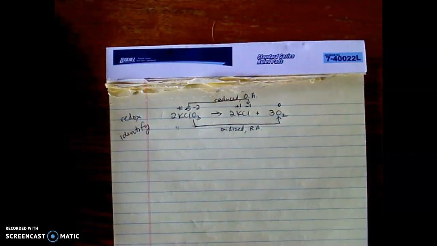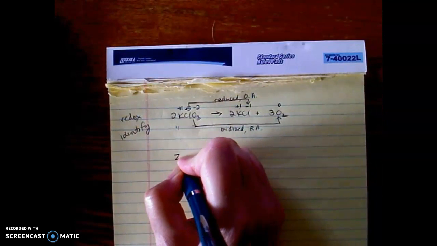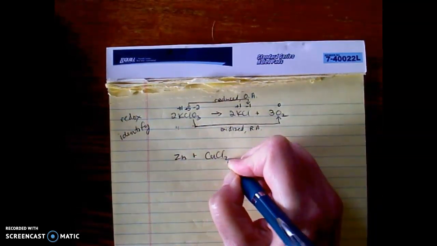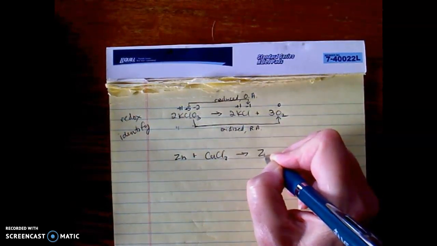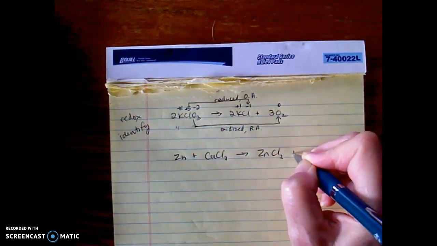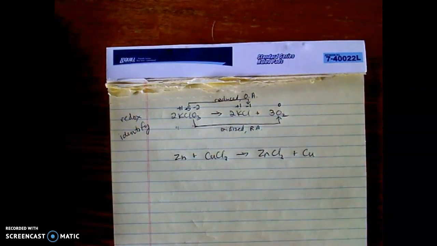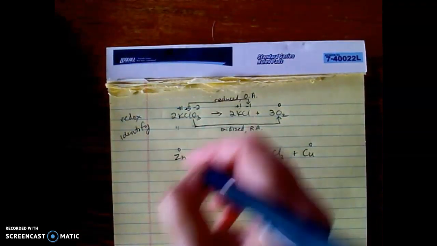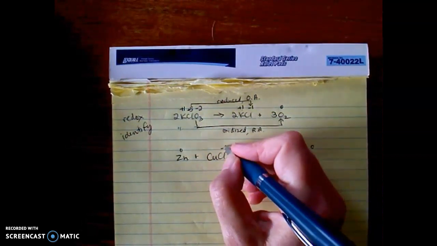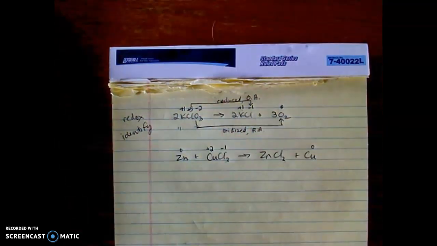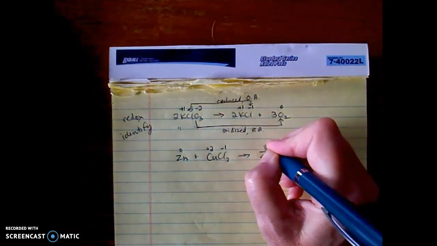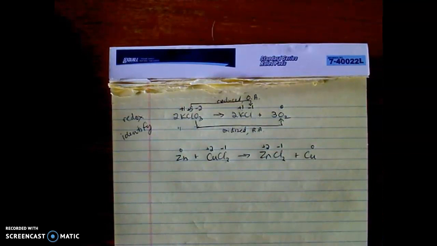Okay, let's try one more. Let's react zinc with copper chloride to produce zinc chloride and copper. I'm going to start with my easier ones, my elements. Zinc is 0, copper is 0. Here chlorine's a -1. Since there's 2 of them, my copper is a +2. Come over here, my chlorine is a -1, my zinc is a +2.